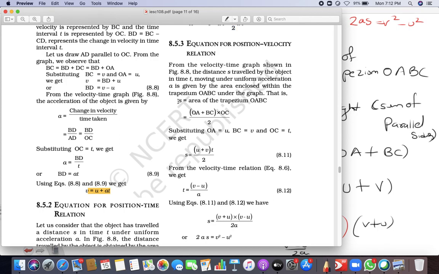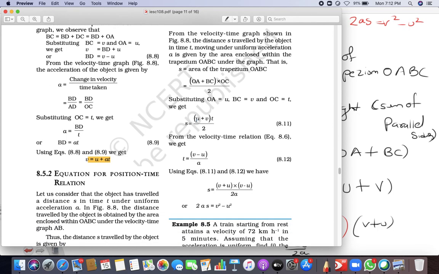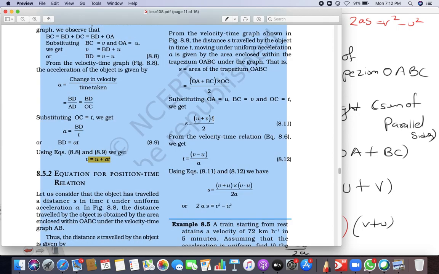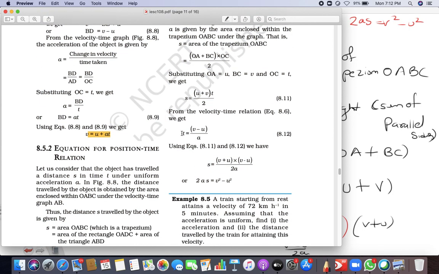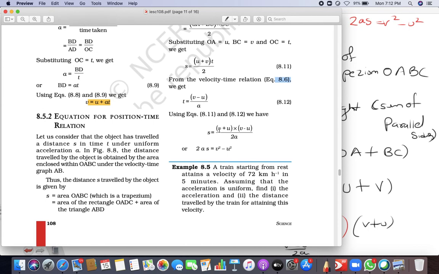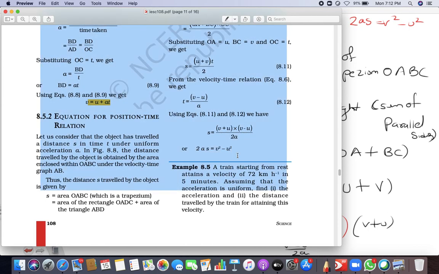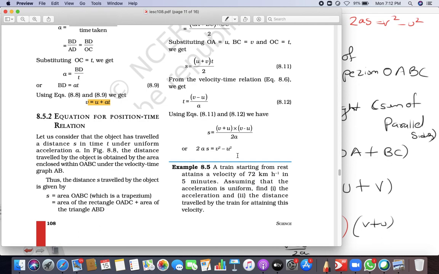Now the third equation, again as we derived, S is equal to what? Area of trapezium, that is 1/2 into height into sum of parallel sides. So (U plus V) into T upon 2. And then we say T is what? V minus U upon A. From where do you get it? From the previous equation. When you put it in, you get 2AS is equal to V square minus U square.